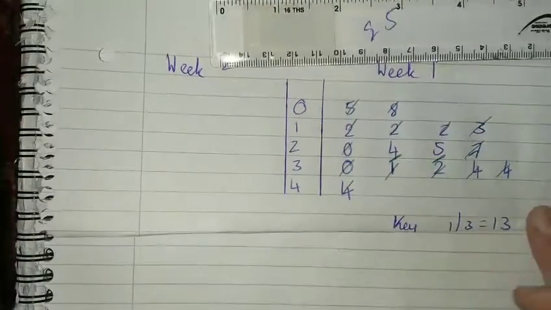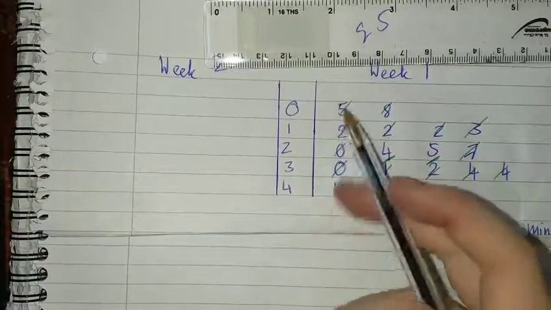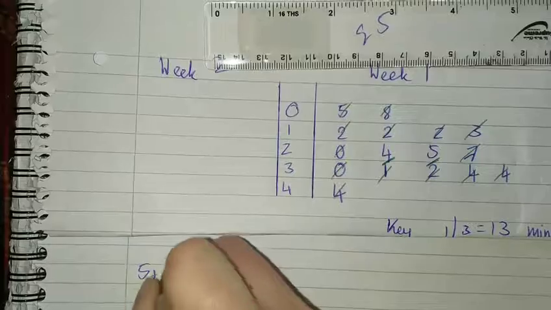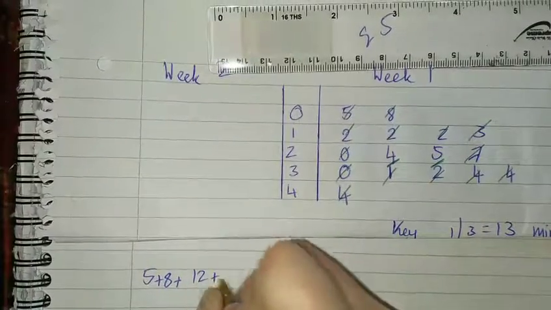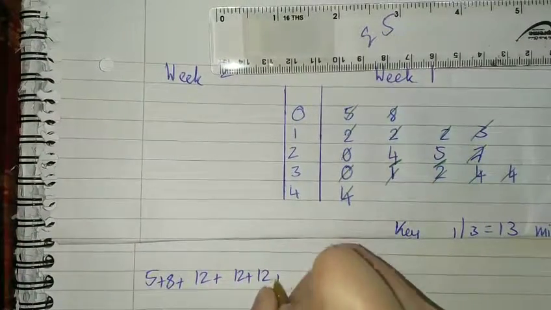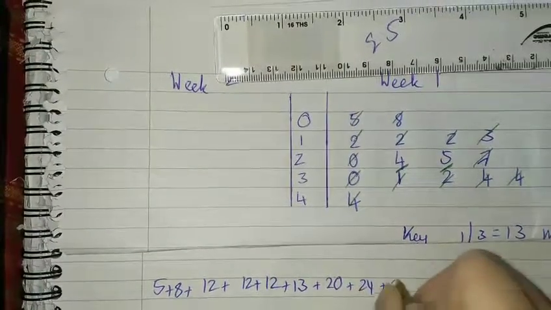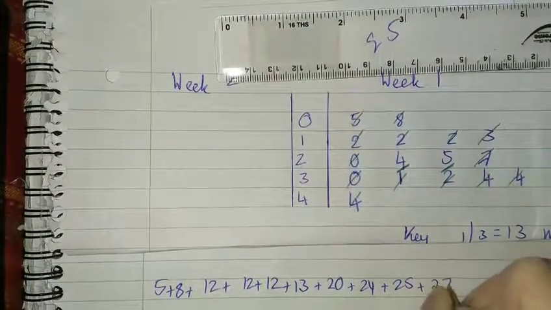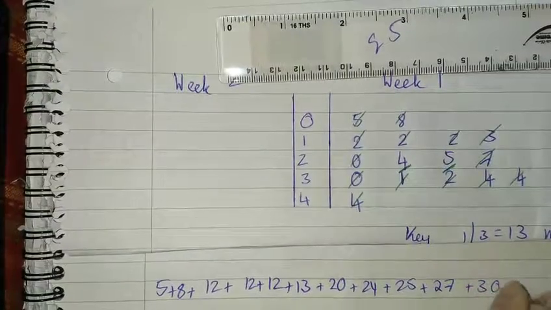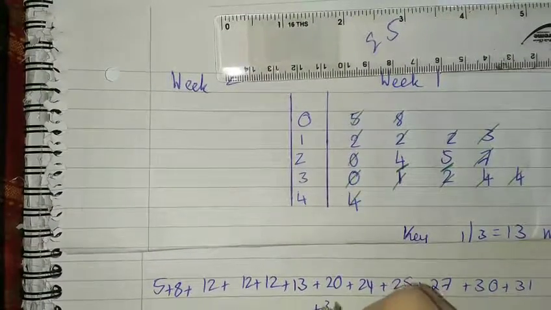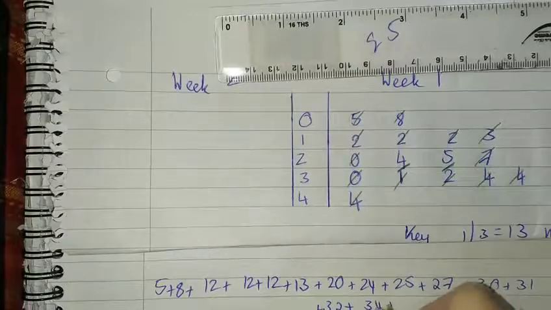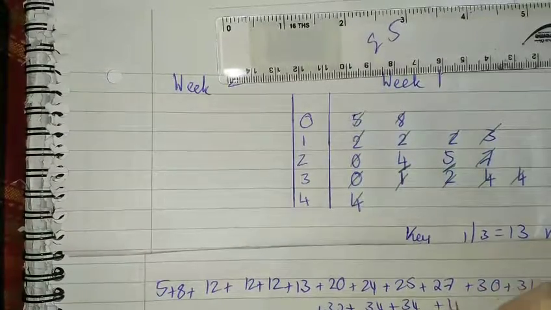So I'm going to have to add up all my values here. So it's going to be 5 plus 8 plus 12 plus 12, 12 plus 13 plus 20 plus 24, 25 plus 27 plus 30 plus 31 plus 32 plus 34, 34 plus 44.